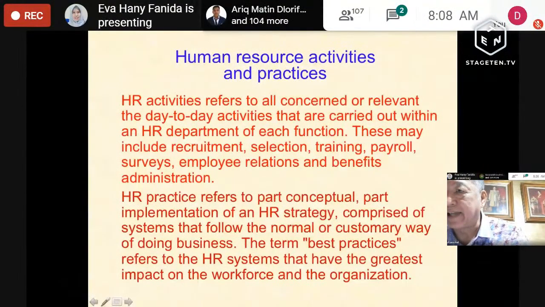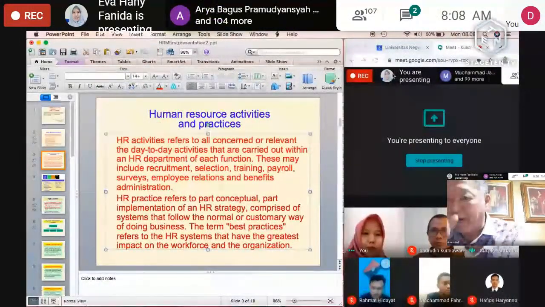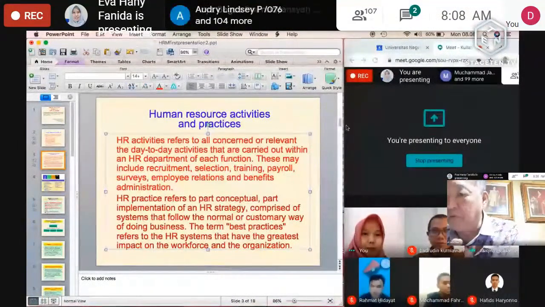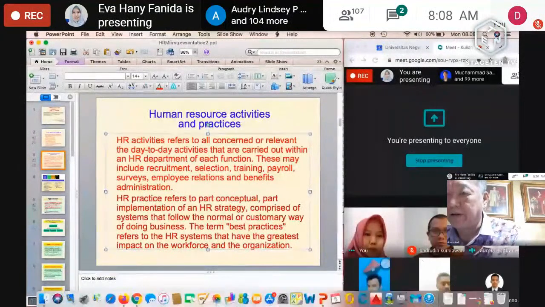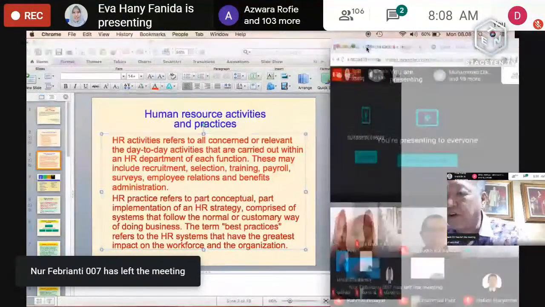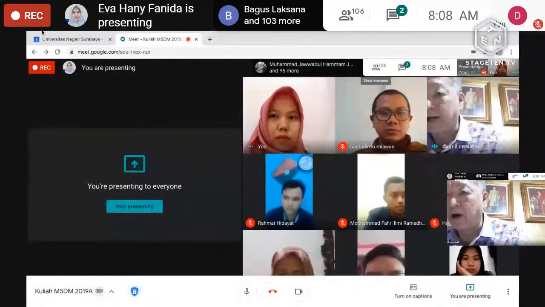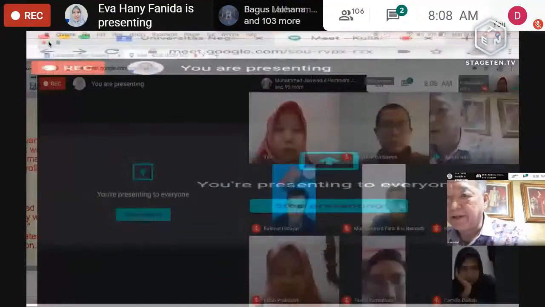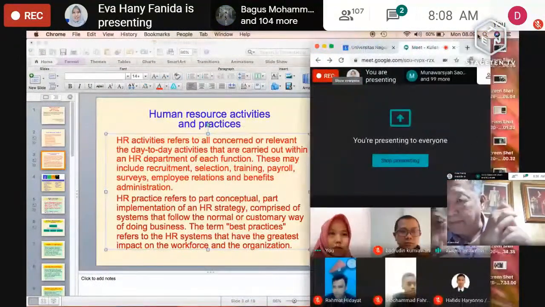Functions and responsibilities are the same thing. When we talk about the human resource functions, we mean the responsibility of the human resource department is to work on functions in our organizations. So functions and responsibility are the same thing.